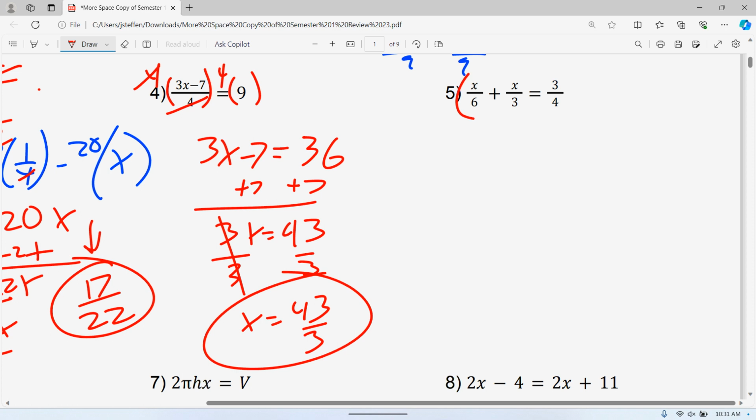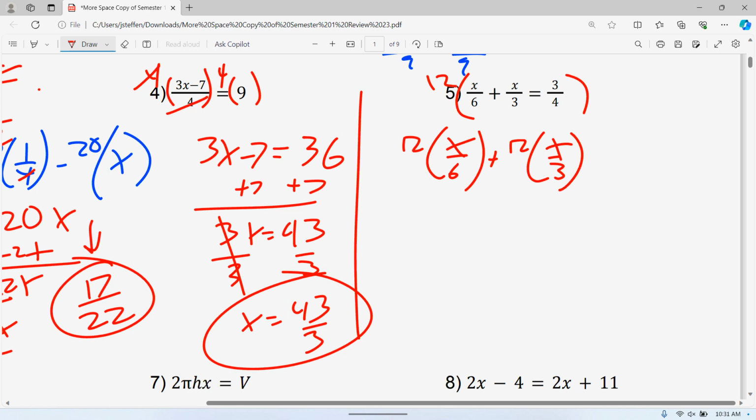Multiply everything, so everything by, let's see, again, if you do 6, that doesn't work with the 4. So I would try 12, I think is going to work well. So 3, 12, and 3 over 4.